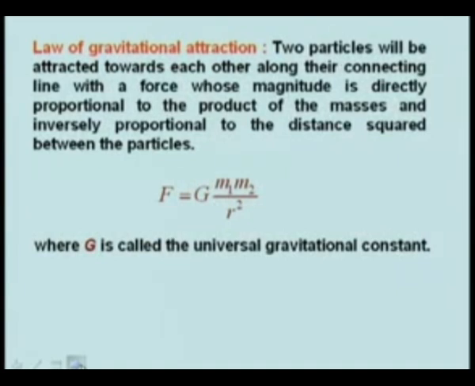So, F is equal to G times m1 into m2 divided by r square, where G is called the universal gravitational constant. By this, you find the value of the force.